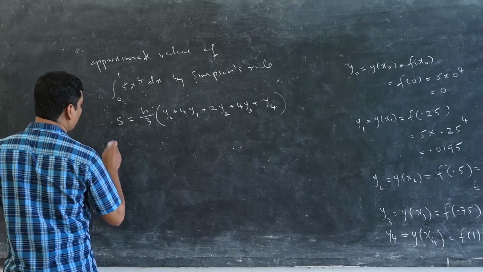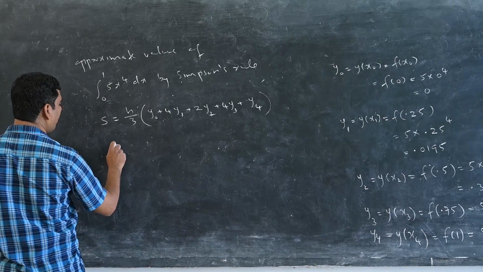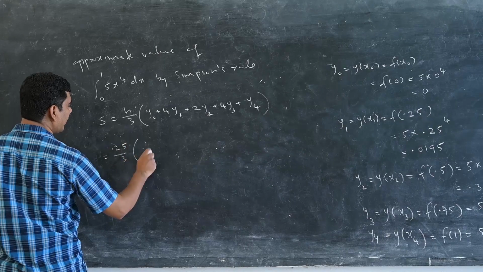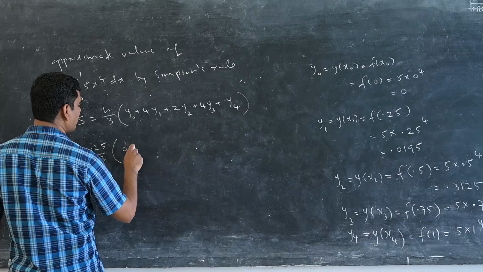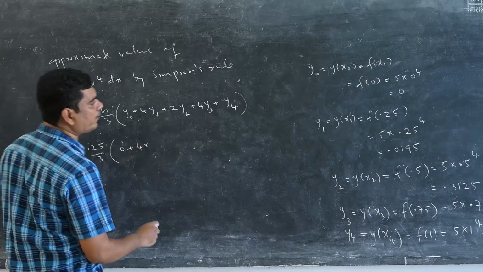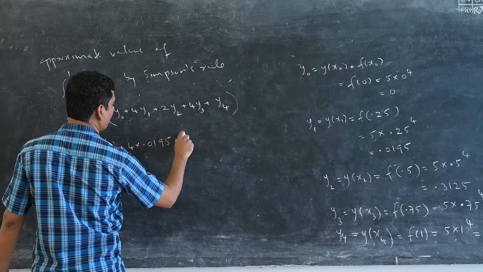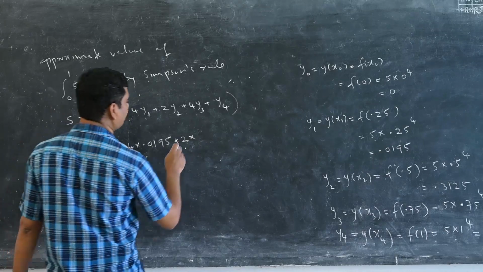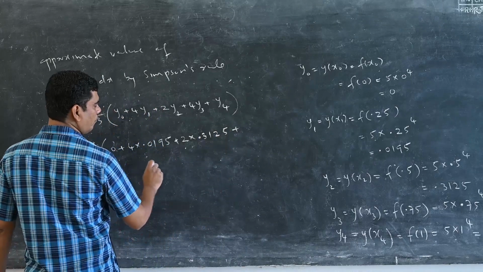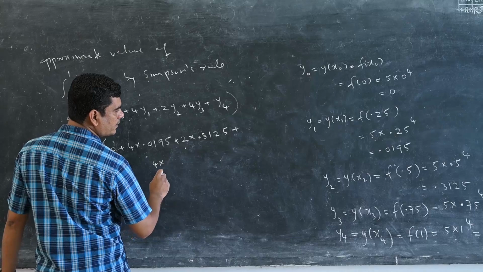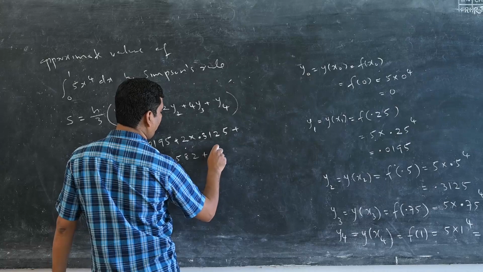So this is equal to 0.25 divided by 3 into y0 is 0 plus 4 into y1 is 0.0195 plus 2 into y2 is 0.3125 plus 4 into y3 is 1.582 plus y4 is 5.